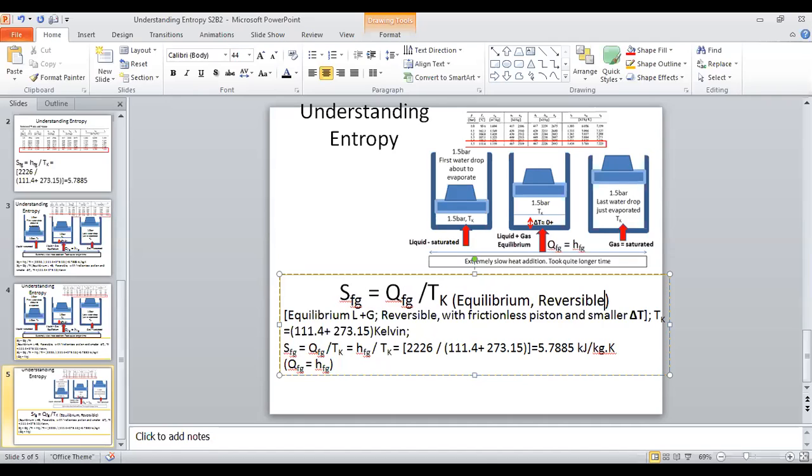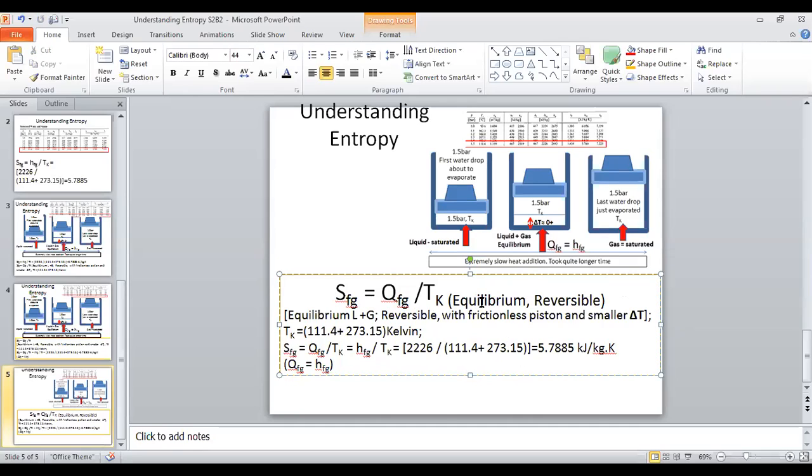So another word here, the reversible, appears. Later I will explain what reversible is. So SFG is QFG by TK, equilibrium or reversible.